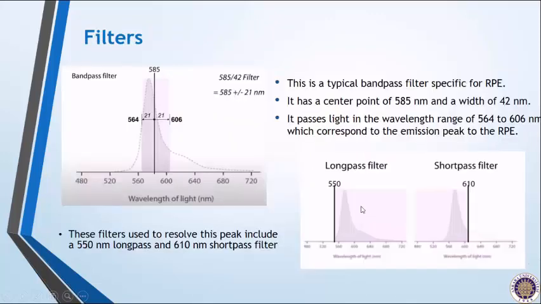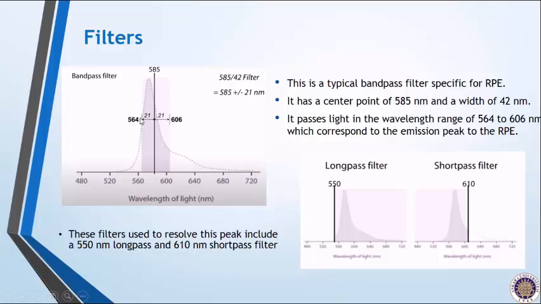Now let's remember what filters are. Filters are normally defined by one of two parameters, either the center point for a bandpass filter or the cutoff points for short or long pass filters. This is a typical bandpass filter specific for RPE. It has a center point of 585 nanometers and a width of 42.